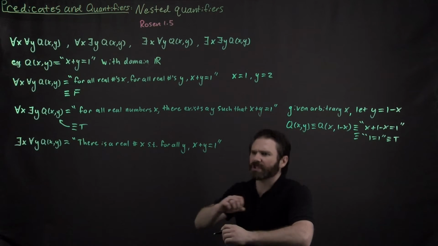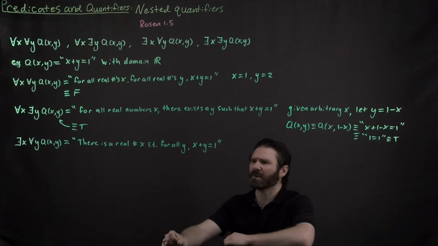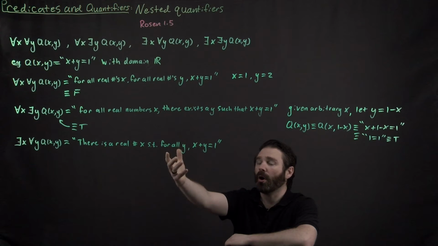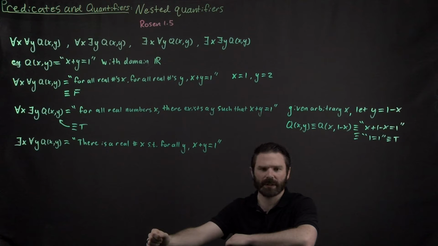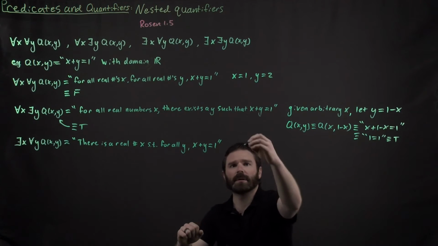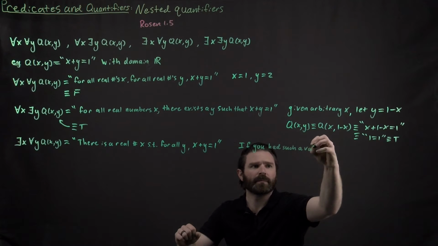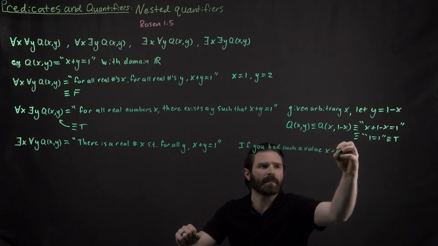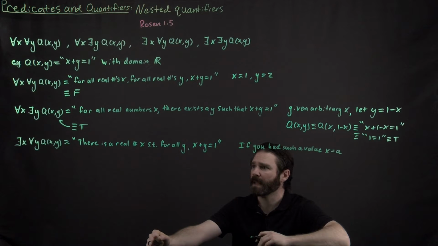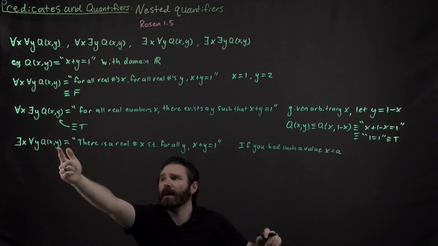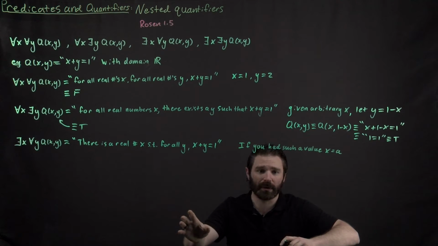And if we think about this for just a little bit, we can see, no, this is not the case. There is a real number x such that for all y, x plus y equals 1? No, that's not going to work. Because if you were to find me some value, let's say x equals a, then I can go ahead and show you that for every y, q of x and y is not going to work.